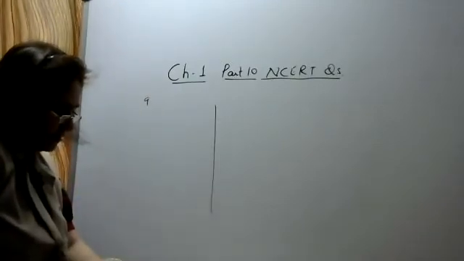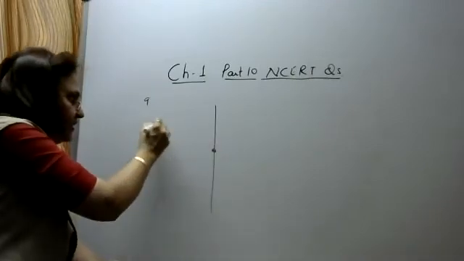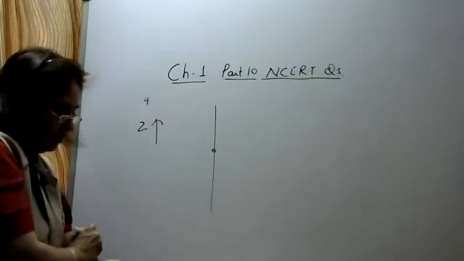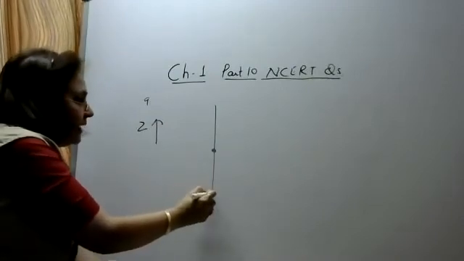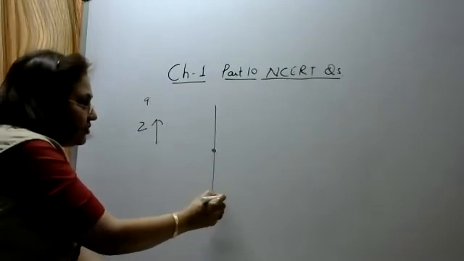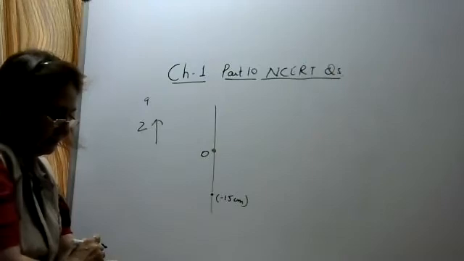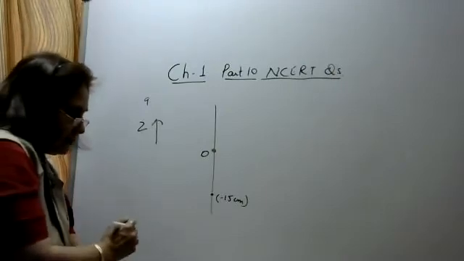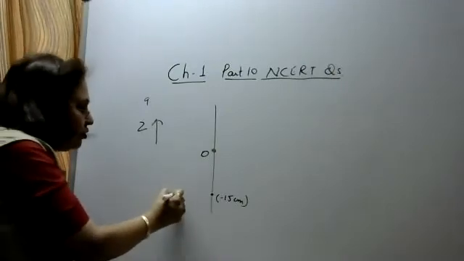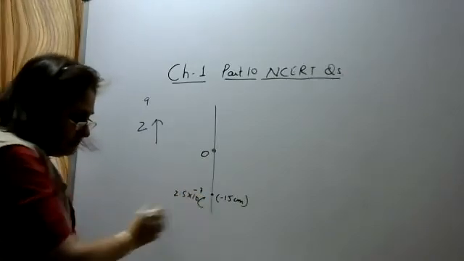2.5 into 10 raised to the power minus 7 is at minus 15 centimeter. This is the Z axis. Minus 15, 0, 0: minus 15 will be somewhere here. So this is minus 15 centimeter, and this is the origin. The charge located here is 2.5 into 10 raised to the power minus 7 coulomb.